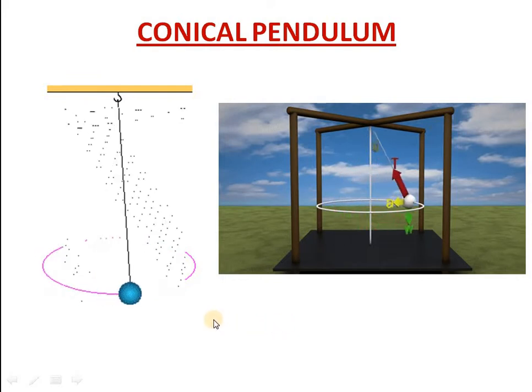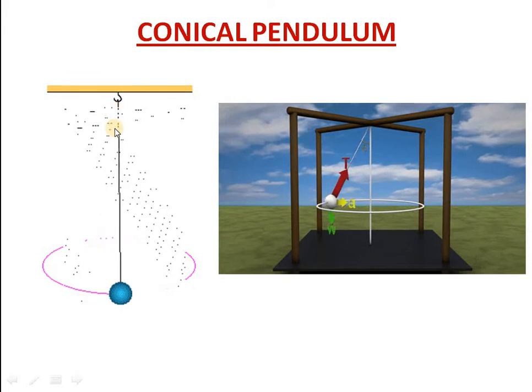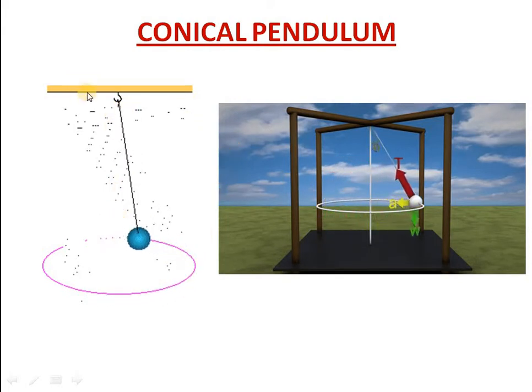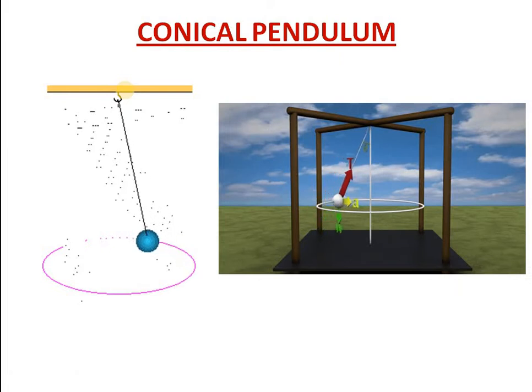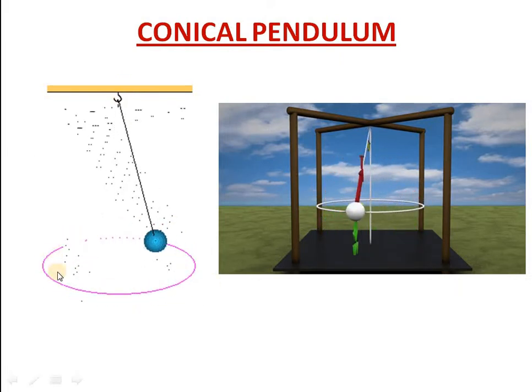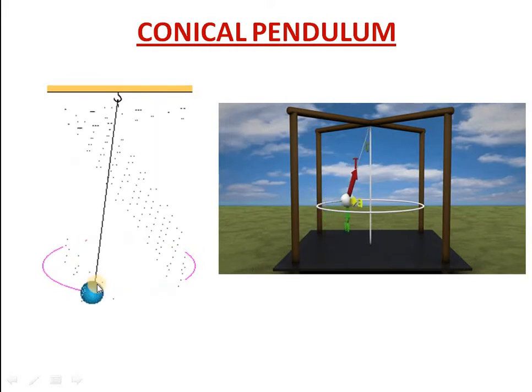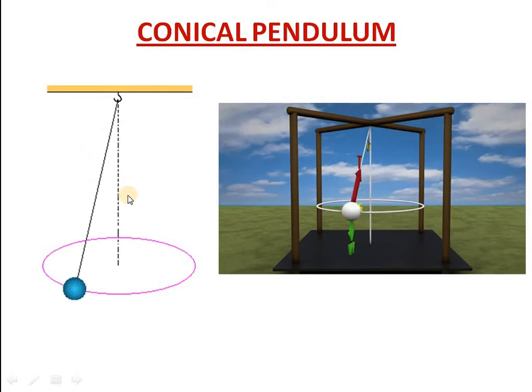A conical pendulum also has a string and a bob, and one end of the string is fixed at a pivotal point. The bob moves in a circular path periodically, cyclically.